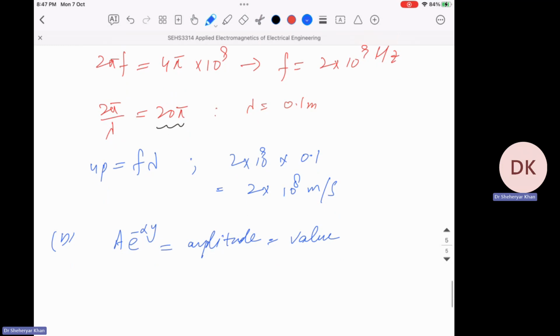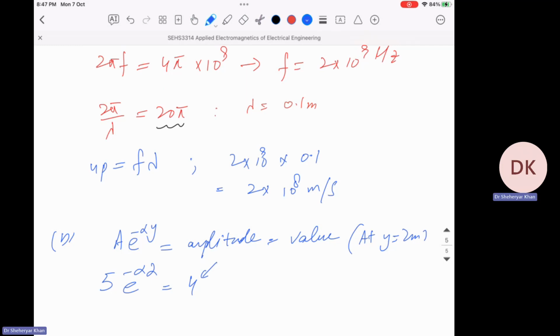So the peak amplitude is A e raised to the power minus alpha, and the question is at y equals 2 meter. So you will put 2 here, and the amplitude is 4, right? You can make a little correction. In the solution, this value is also 2.